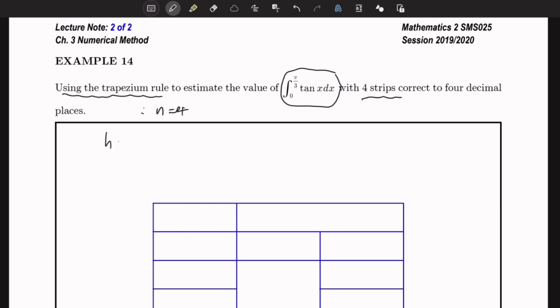Find your h: pi over 3 minus 0, over 4, so we get pi over 12. Make sure you change the mode into radian, because this is a trigonometric function. If not, everything will be wrong.